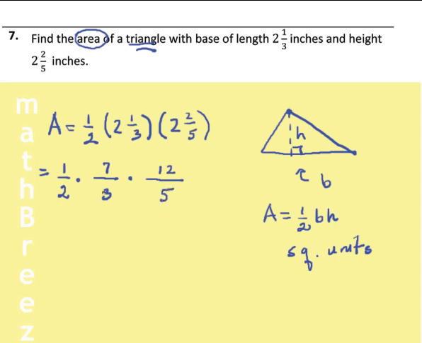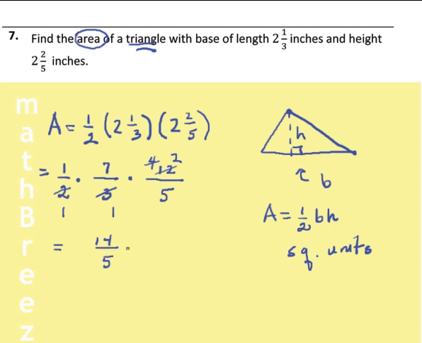All right, we can reduce a little bit. We have the 3 and the 12. So let's see, anything else? Well, we have the 2 and the 4. So in the numerator, we have 7 times 2, we have 14, and in the denominator, we have 5.